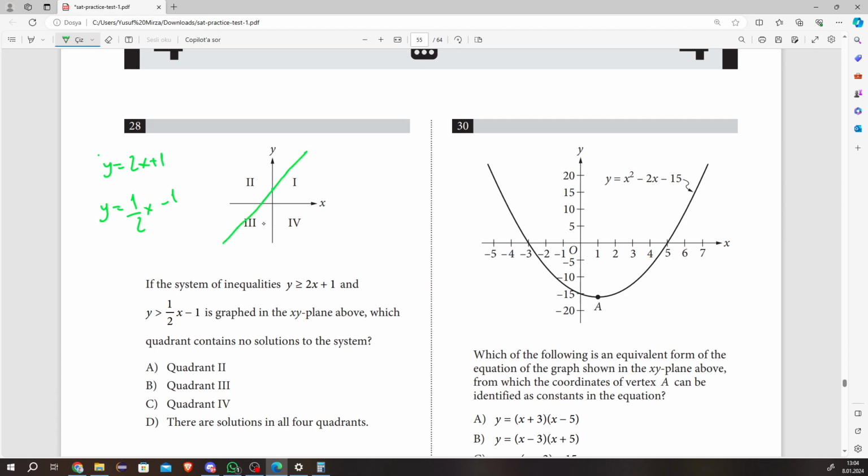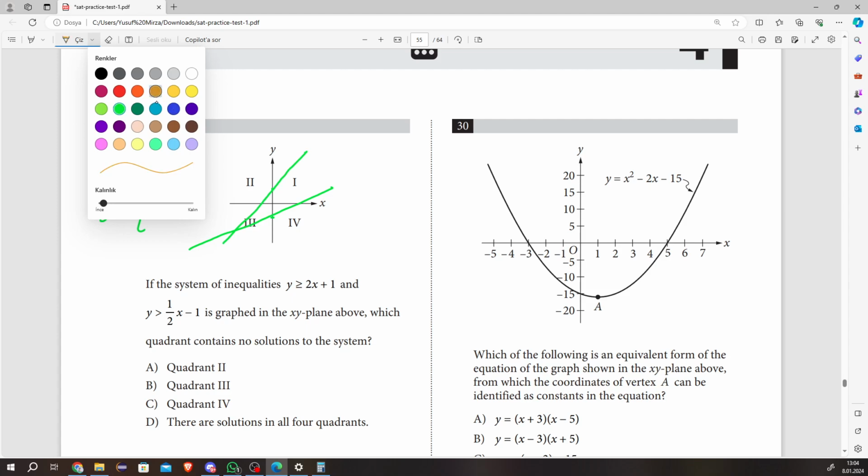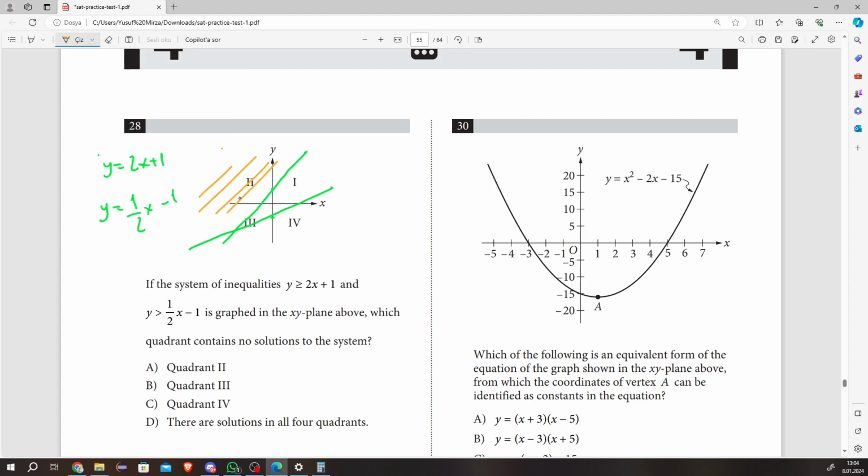Then if you put it here and here, like this, one half slope is here, and in this system, yes, you should be above. Let's use a different color for this, and also it should be higher on this too.